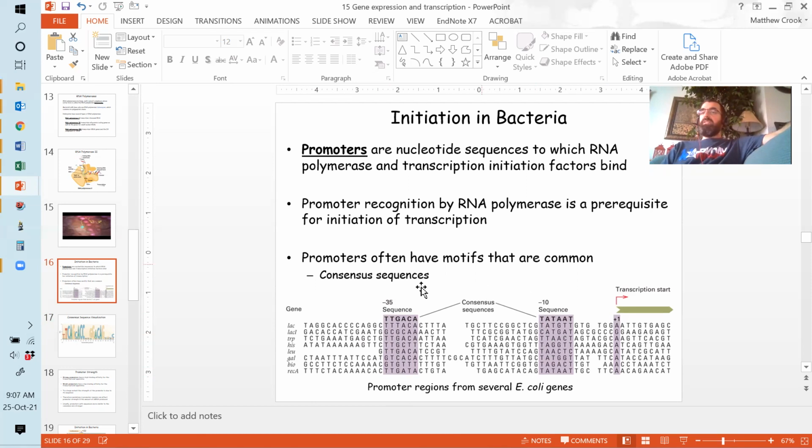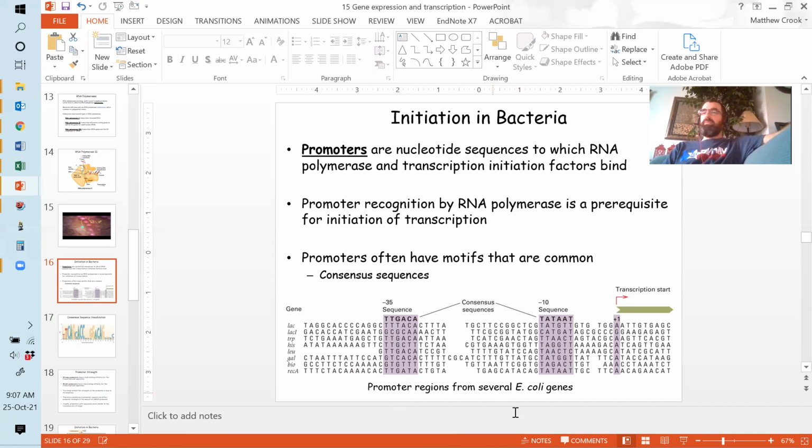These sequences in bacteria are always in the same position relative to the start of transcription. If the start is +1, you'll always find the sequence beginning at basically 10 bases upstream of that. And then there's another one at 35 bases upstream, roughly speaking.